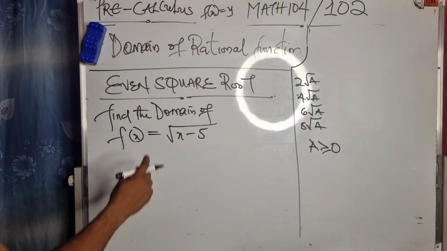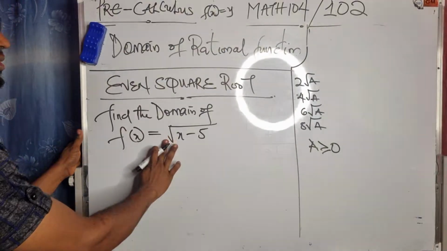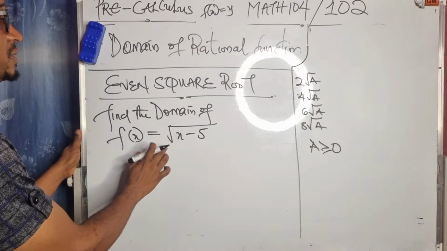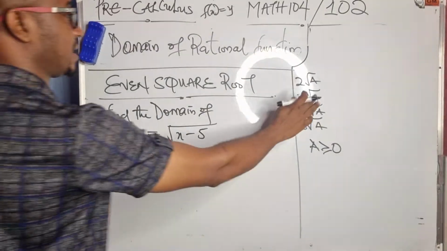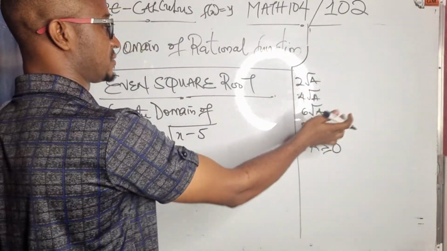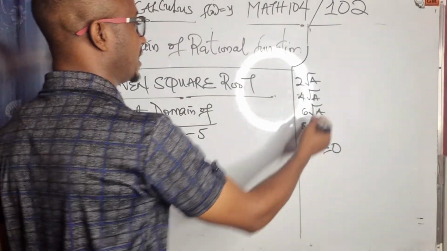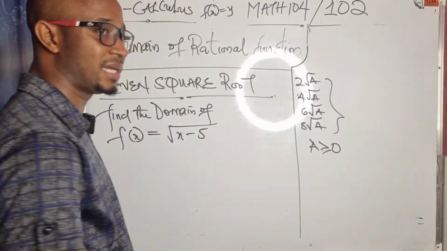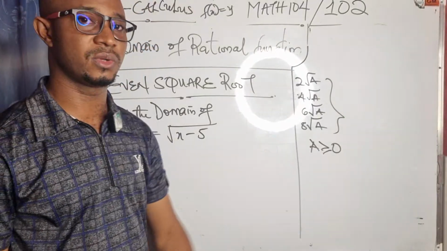Square root means 2nd root, so it's an even root. 4 is an even root, 4th root, 6th root, 8th root. So when you have an even function like this, we have to set the polynomial inside the root to be greater than or equal to 0.